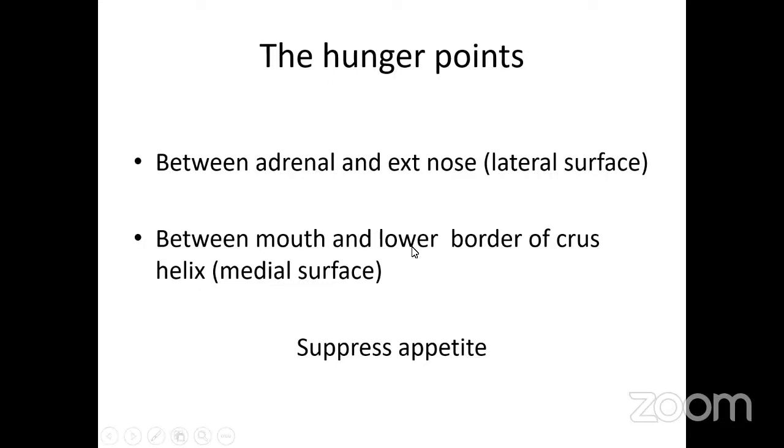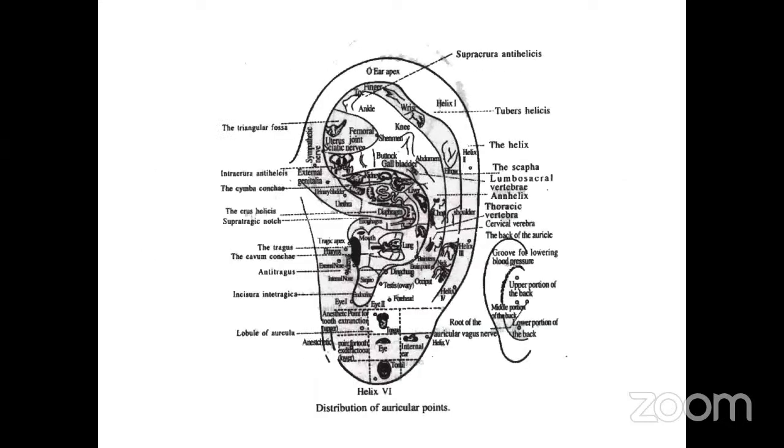Okay? This one I already told you. This one I did not tell you. So this is there between the mouth and the lower border of the crust helix. So both of these points, they're very close to each other. So even if you pinch that area between your thumb and the finger, you will hopefully suppress the appetite. So that in a nutshell is the entire ear.